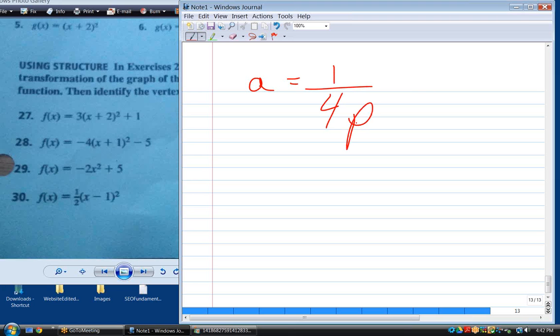A here is 1/2. So solve that for P. I got P equals 8.